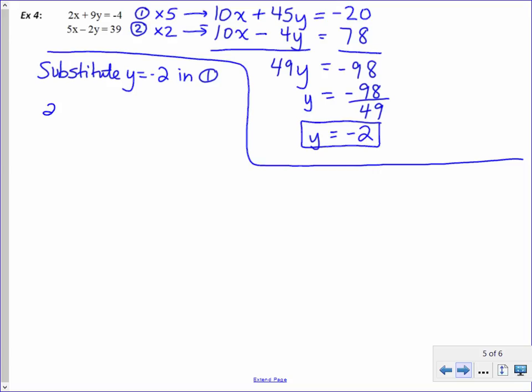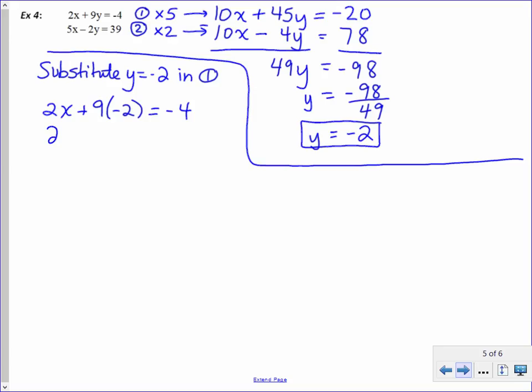2 times negative, whoop, wrong. 2 times x plus 9 times -2 equals -4. Wait, is that 2x? Yeah, first equation, I just replaced the y with a -2.